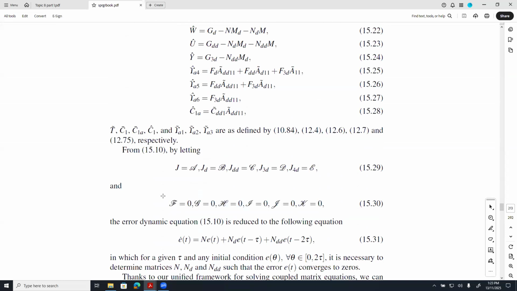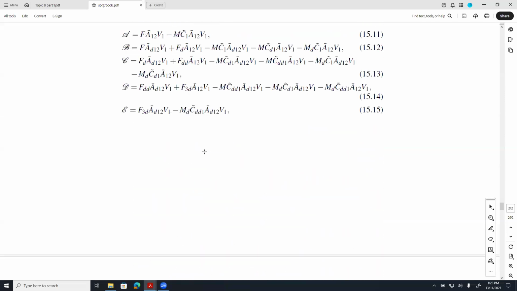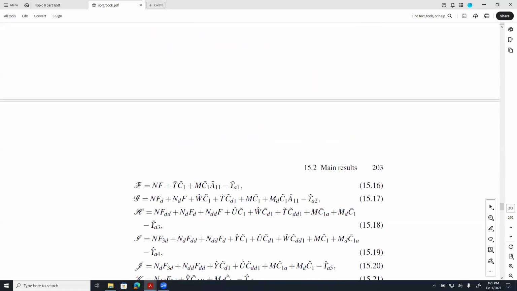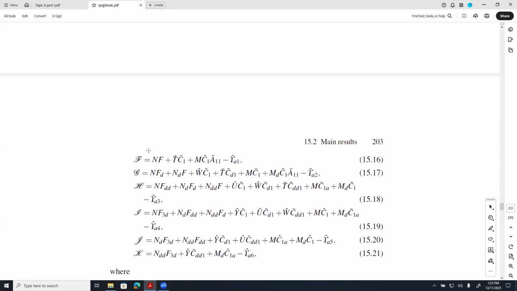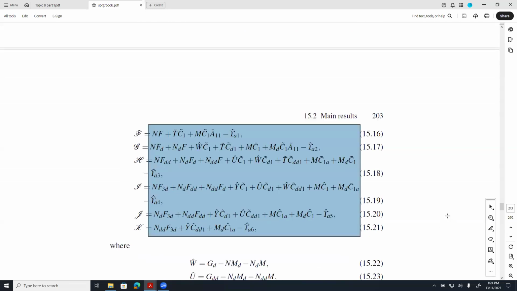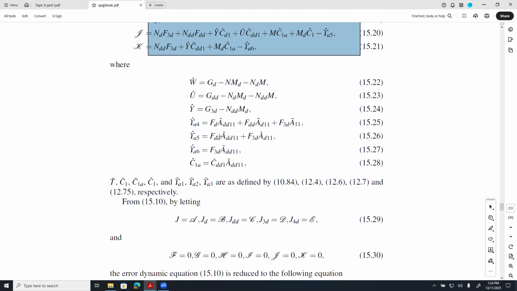For example, J here is really the thing in here, and it is specified explicitly in here. That thing there has to be 0. So we have 1, 2, 3, 4, 5, 6 coupled matrix equations, and altogether in there we have something like how many unknowns?